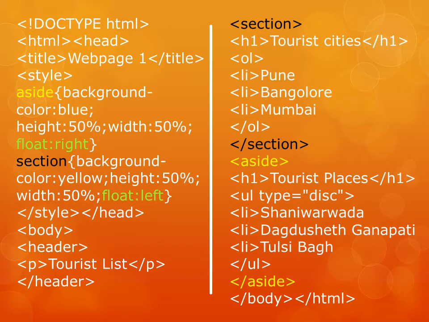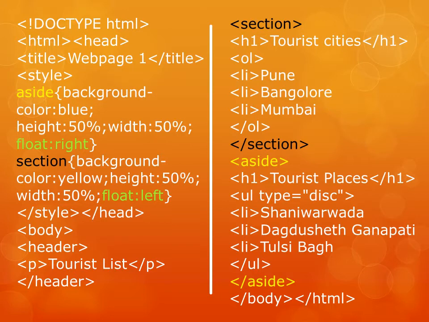Then next is the aside tag. In that, first write down the heading tourist places, and then it displays all the tourist places in an unordered list.